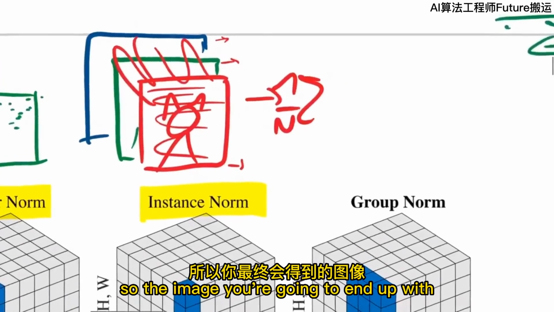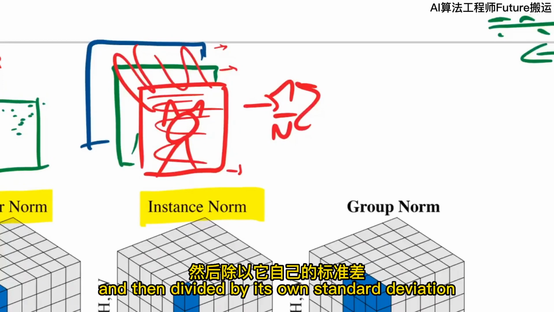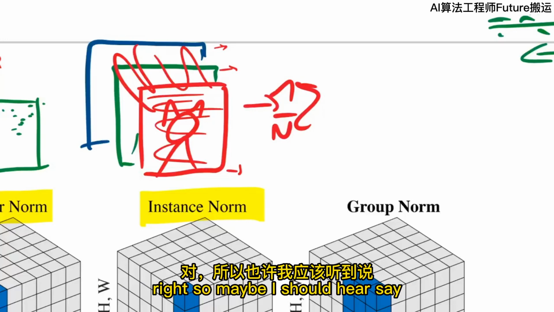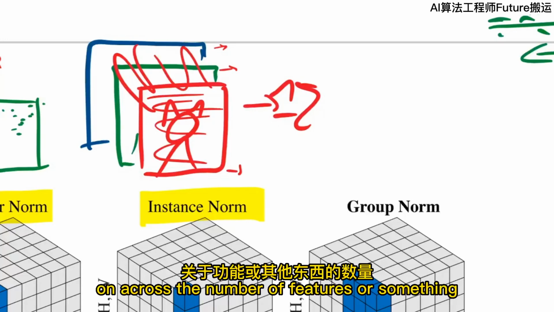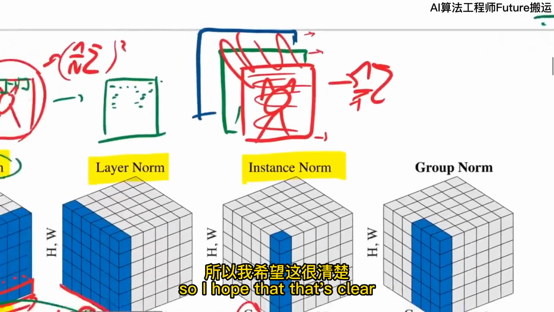So the image you're going to end up with is simply the red channel subtracted by its own mean and then divided by its own standard deviation, just within that data point, right? Maybe I should say here across the number of features or something. So I hope that's clear.